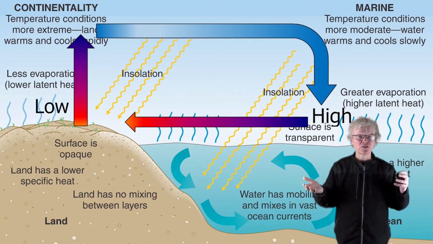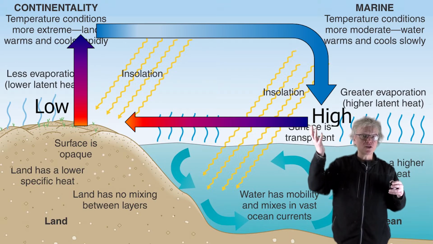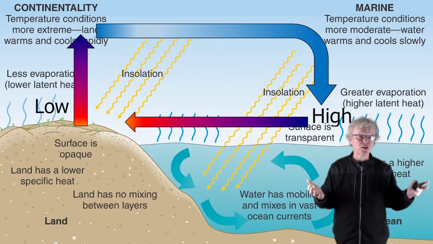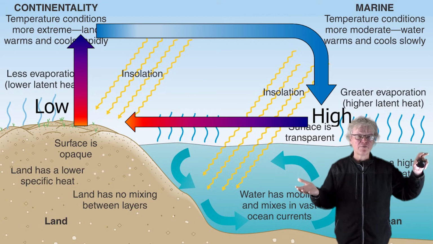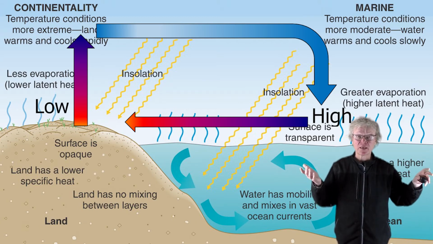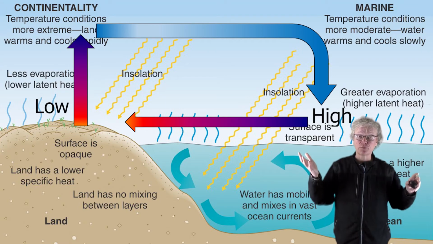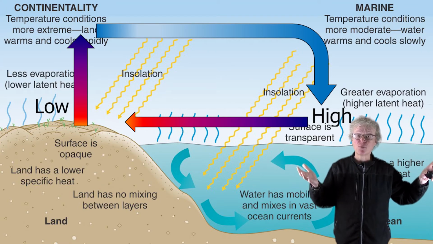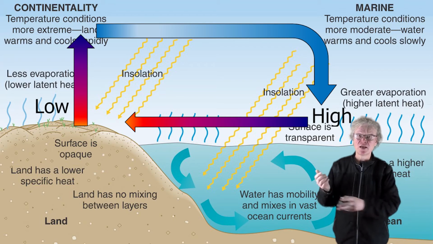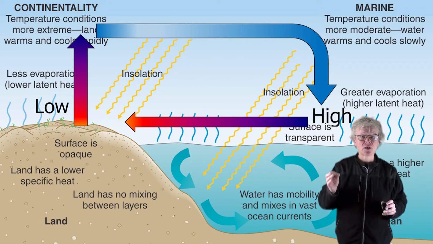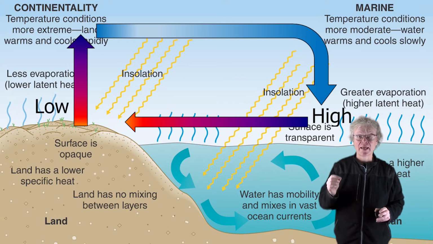And so this effect of low air pressure on the land surface and high air pressure on the ocean means you have a pressure difference. And so what is actually occurring there, because of this difference in pressure, is that you've got air moving from areas of high pressure to areas of low pressure. And that is one of the fundamental reasons why air moves.